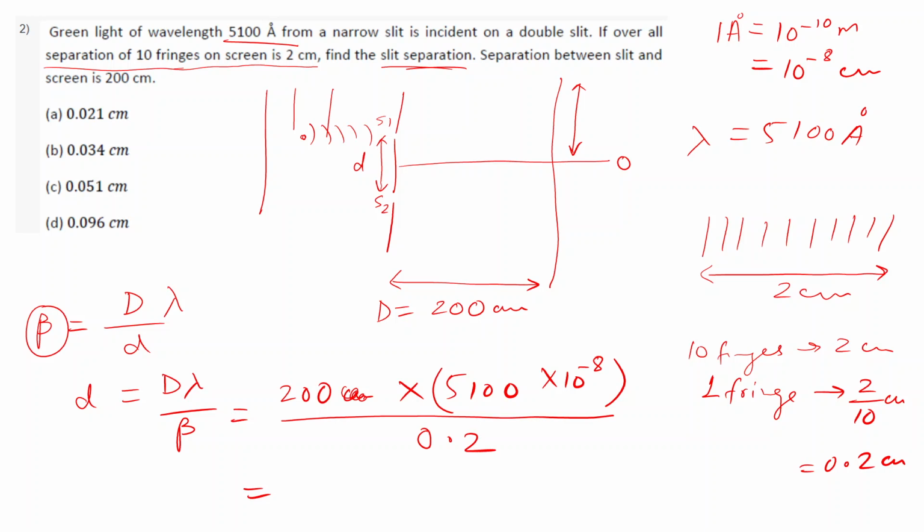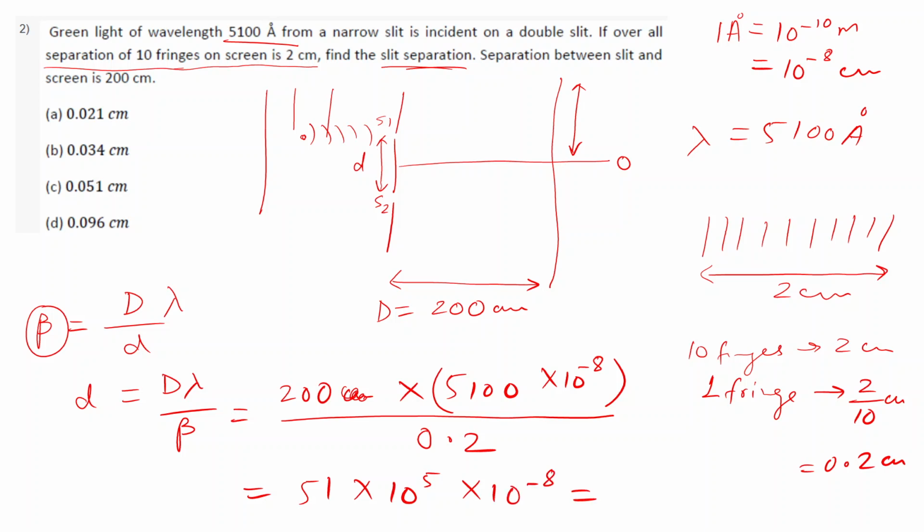Using the calculator, when I calculate this part, I'll get 200 times 5100 divided by 0.2. It's 51 and 5 zeros, and we have this part also, 10 to the power minus 8.